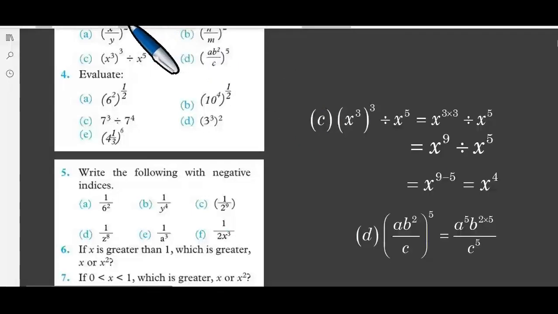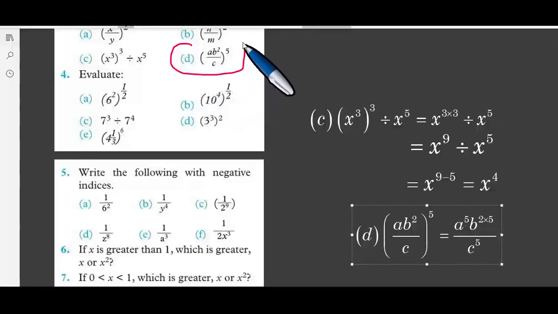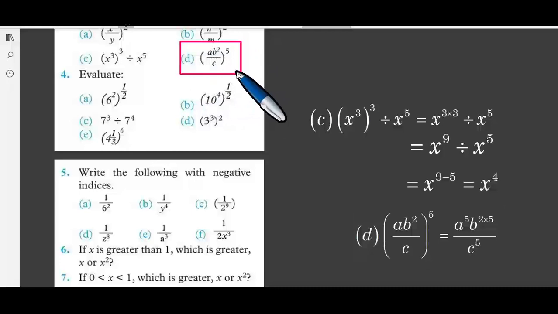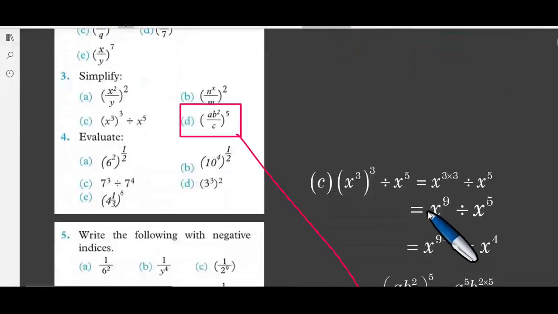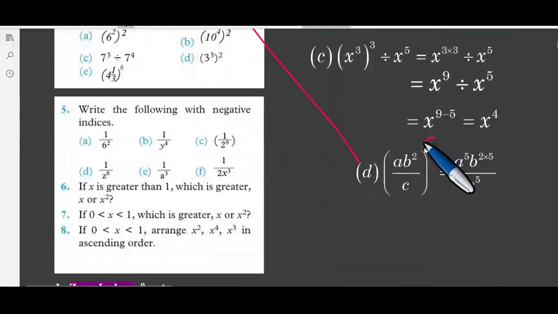Okay. Now D. See D. In solving this question, we first apply this law, this 5 is going to operate here.